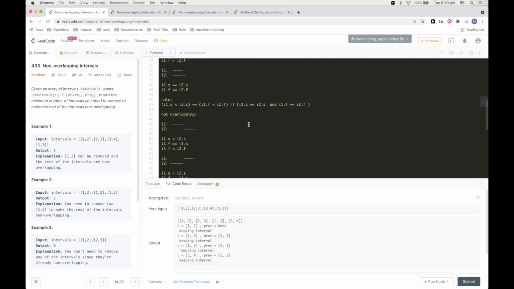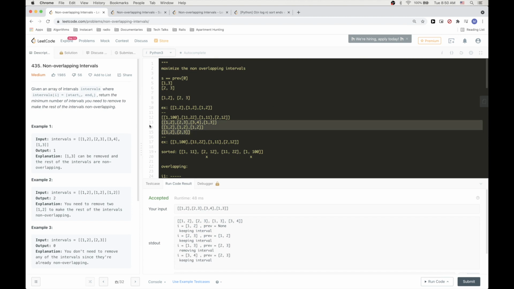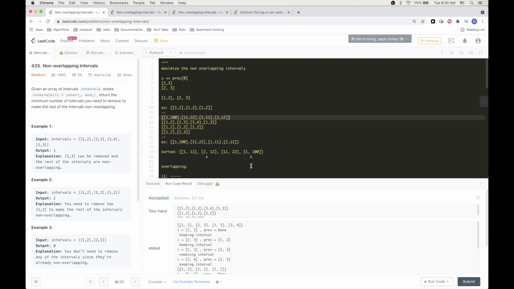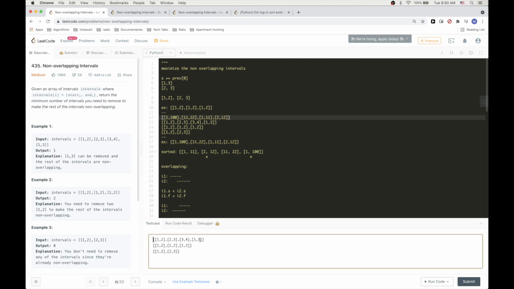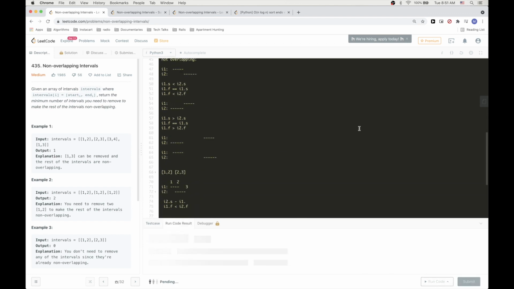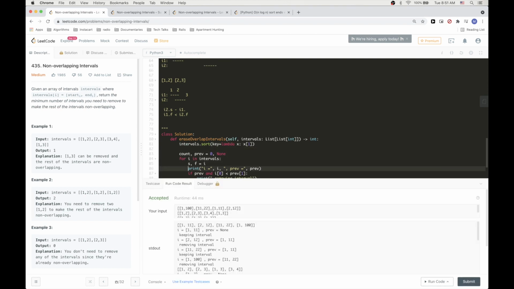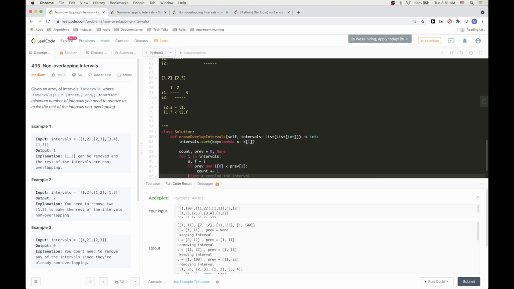Okay, cool. And then we could just take these example test cases, and then add this other one. Okay, so that passes. Cool.